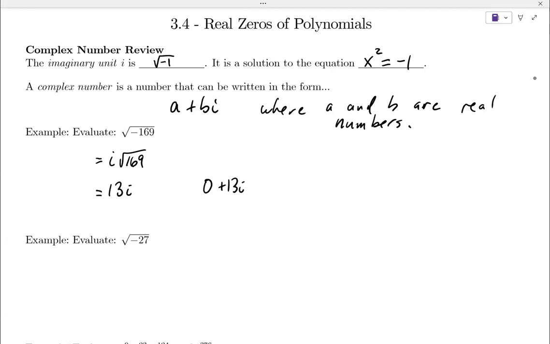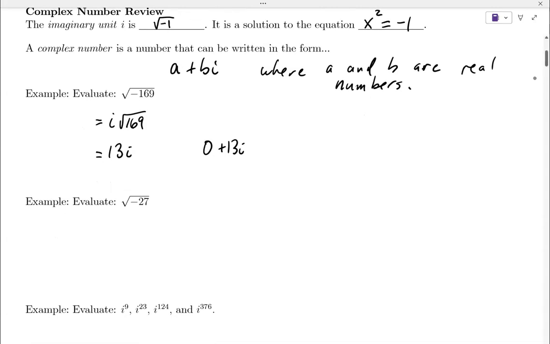So what I mean by that is, if I look at the next one, I take care of the negative first, make it an i. So I have i times the square root of 27. 27 is 9 times 3. So if we simplify that, we would get what? Yeah, so we got a 3 root 3 there.